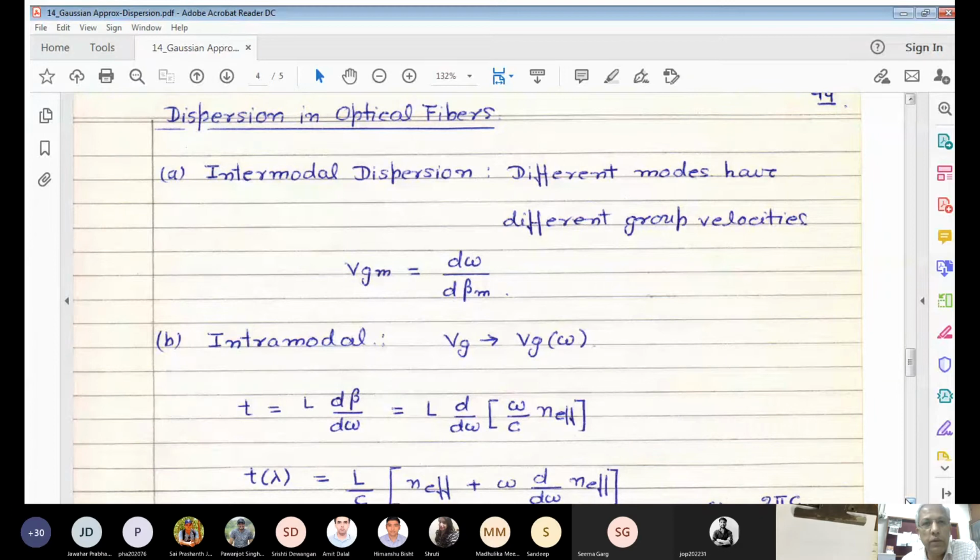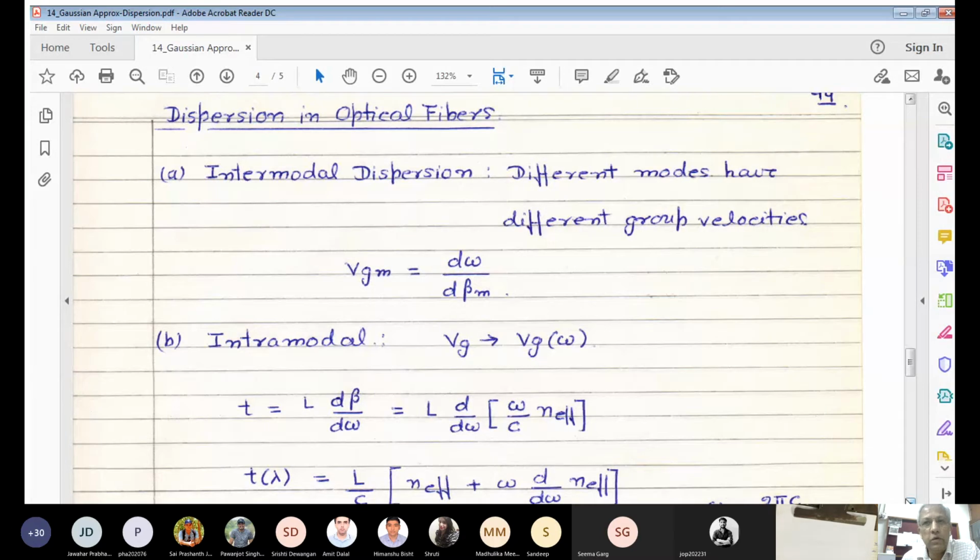When you launch a pulse, energy is coupled into all the modes depending on the overlap integral of your input field pattern with the various modal field patterns. These modes propagate with different group velocities, so they take different times to reach the output end, and the pulse gets broadened. This is known as intermodal dispersion.